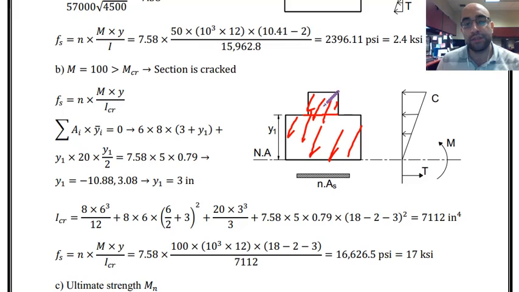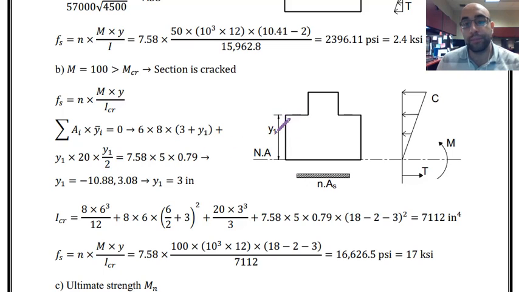So the distance from this centroid to the neutral axis is 3 plus y1. And then we have this bottom shape, and for that bottom shape the distance is y1 divided by 2.